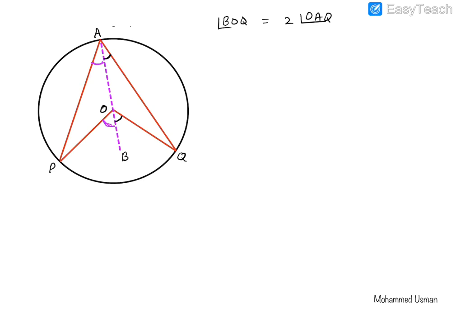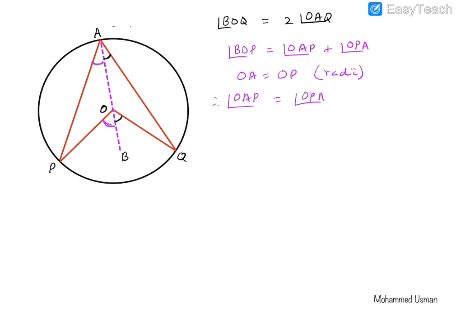We can show that by seeing the angle BOP is equal to angle OAP plus angle OPA. But again, as before, we have OA is equal to OP, being the radius of the circle. So OA equals OP because they are radii, and therefore we will have angle OAP equal to angle OPA.